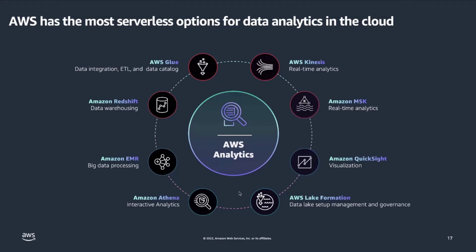For streaming and analytics, Kinesis and managed service Kafka can provide you streaming-based ingestion. And for visualization and data reporting, or more interactive use cases that you want to run against the data sets, you could use services like Amazon Athena and Amazon QuickSight for visualization. For all this data management and security around the data, you could use Lake Formation as a service to manage and maintain in a serverless way.